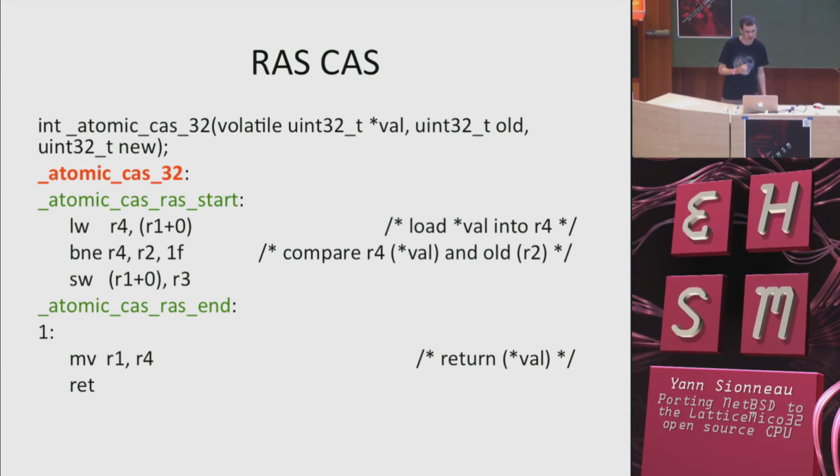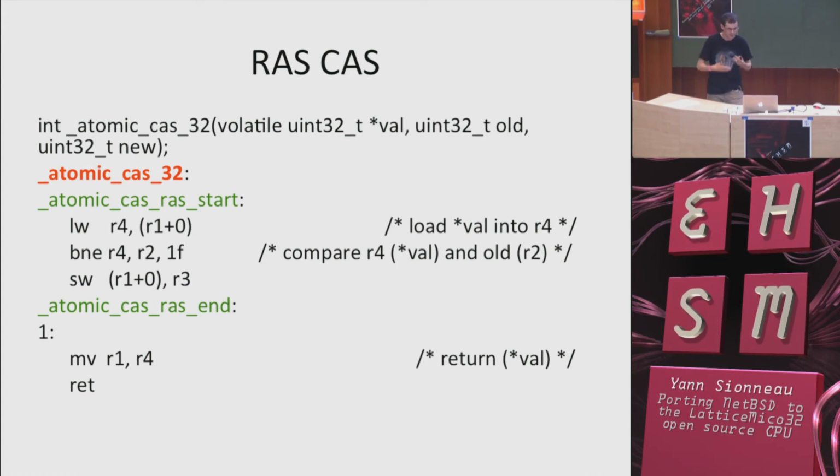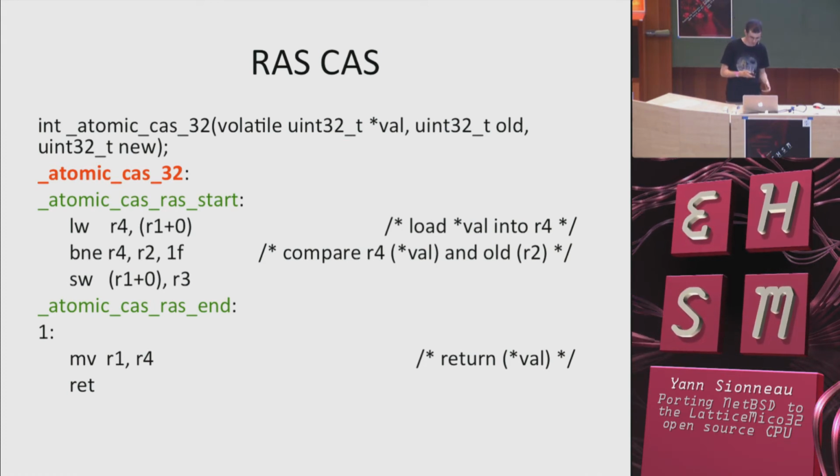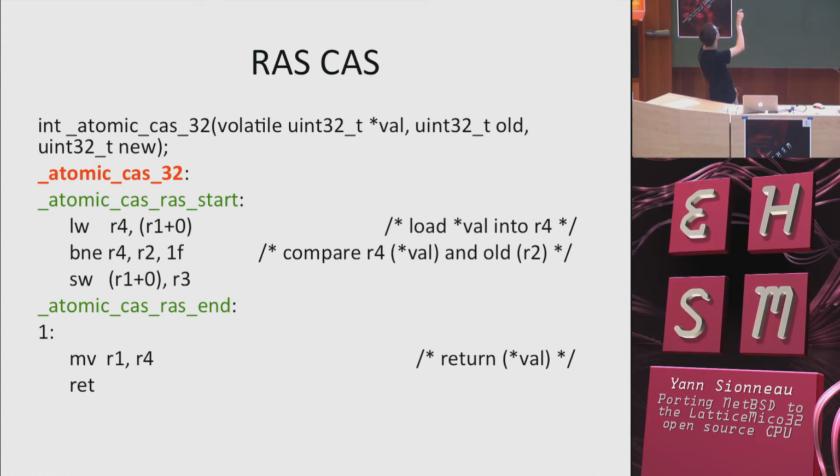And if that's the case, then instead of resuming where it was, so for instance, instead of resuming here in the branch not equal, it will resume at the start. So it's a restartable atomic sequence. So that's the trick to make it work.